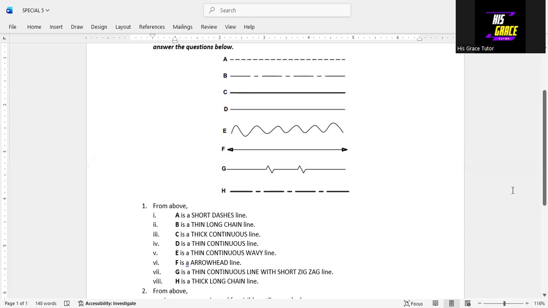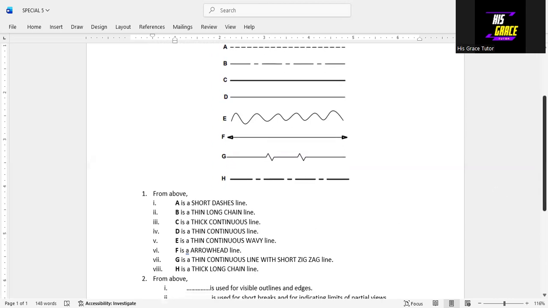All right, so let's look at question 2. Roman figure 1 says that the dash is used for visible outlines and edges.